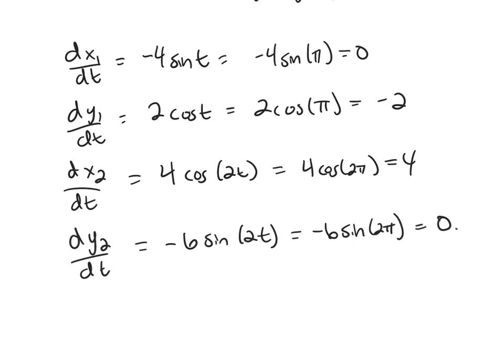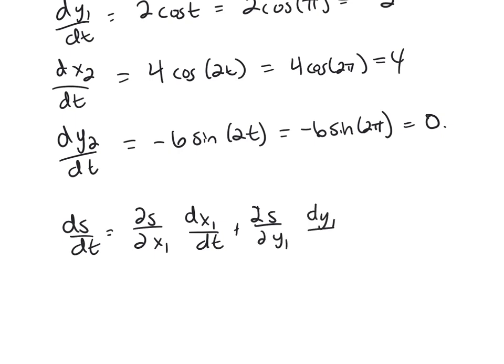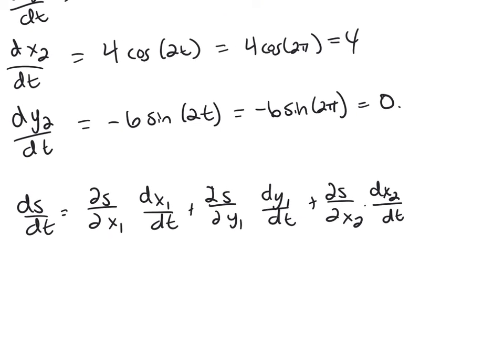So now we just need to use our chain rule formula. ds dt is the partial derivative of s with respect to x1 times dx1 dt, plus the partial derivative of s with respect to y1 times dy1 dt, plus the partial derivative of s with respect to x2 times dx2 dt, and one more term, plus the partial derivative of s with respect to y2 times dy2 dt.